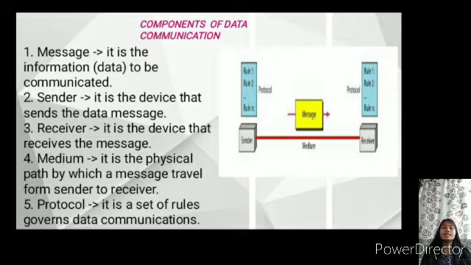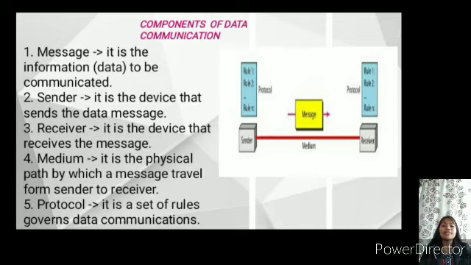Then fourth is the transmission medium. The transmission medium is a path by which the message travels from sender to receiver. It can be wired or wireless, with many subtypes in both. Last is protocol.